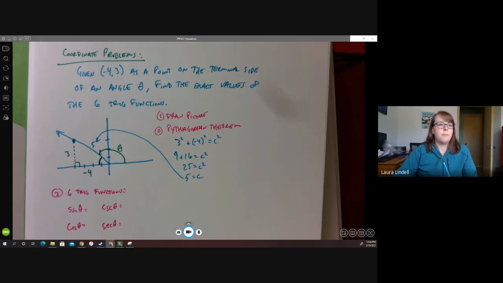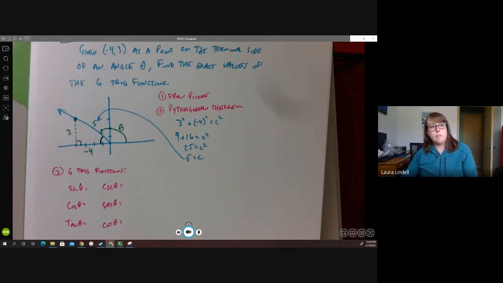Okay. So this is where we need to remember that sine is opposite over hypotenuse, cosine is adjacent over hypotenuse, all that good stuff that we talked about at the very beginning of last week when we were doing just basic right triangle trig, because that's what we're taking it back to now.